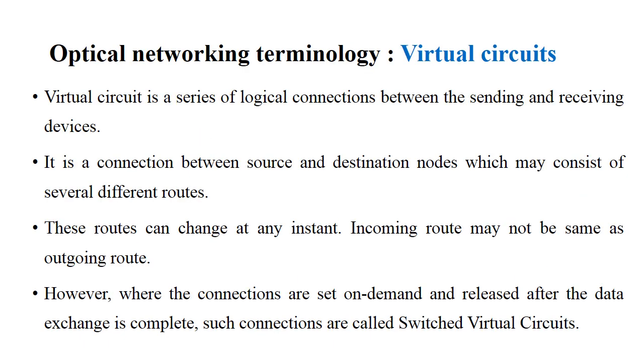Coming to the virtual circuits. Virtual circuits correspond to logical connections between the sending and the receiving devices. Now how is it going to work? As we discussed previously, between source and destination there is a possibility of several routes, and at any given instant of time one path can be used for the communication between the source and the destination, and in the next instant that path may change.